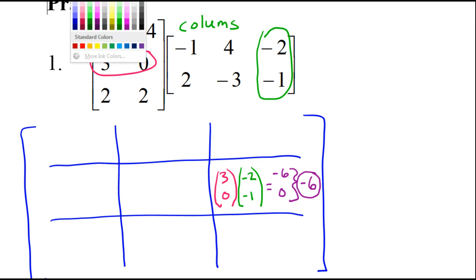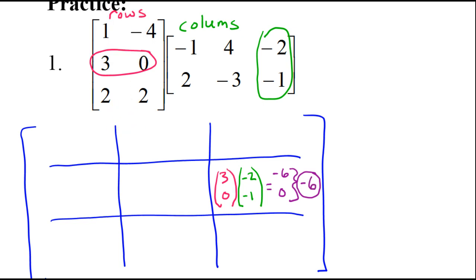When you're finding the entire product, sometimes it's easier to do all of the rows at once and then all of the columns at once. So let's go ahead and deal with row 1. This is row 1.